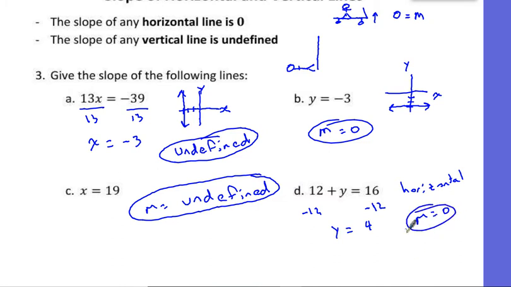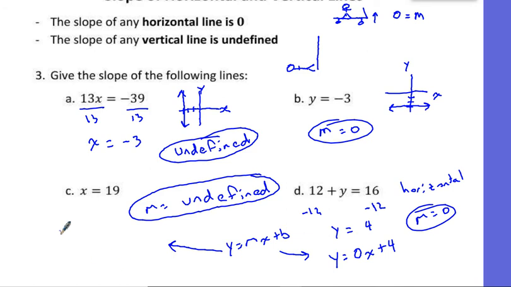Another way to check: slope-intercept form of a line is y equals mx plus b. If I look at example D, y equals, there is no x, so it could be written as y equals 0x plus 4. And then we know the slope is 0. Similarly, for a vertical line, x equals 19, how would you write that in y equals mx plus b form?